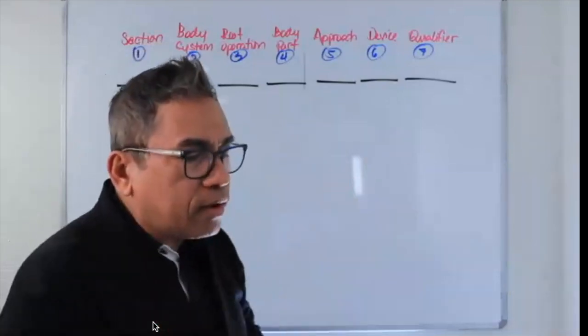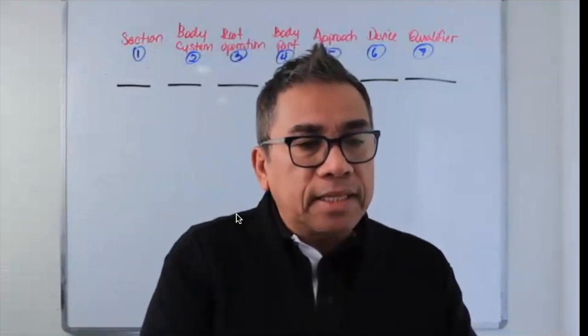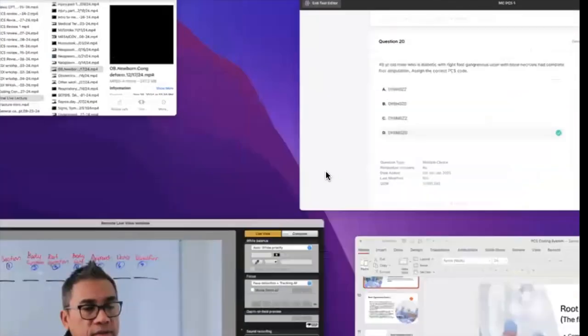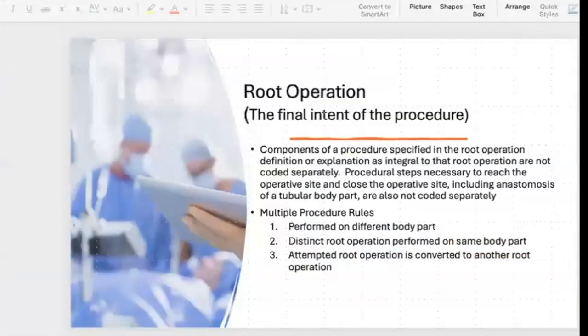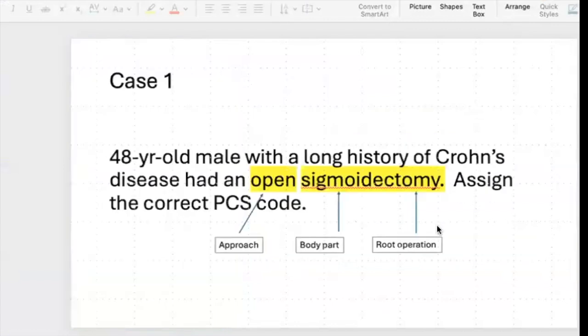Matter of fact, in the slide that I gave you guys last night, let's go to the slide again. I have some examples here. You see this, guys? Okay, let's try to build this code.